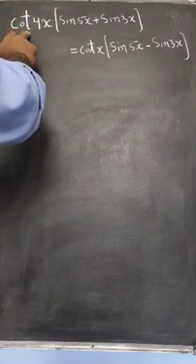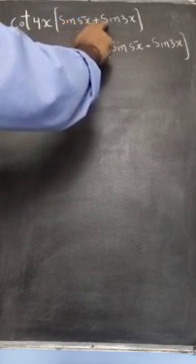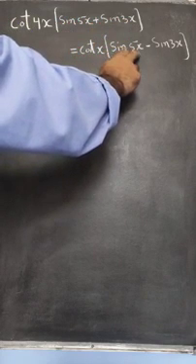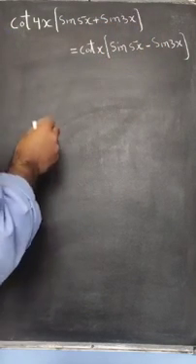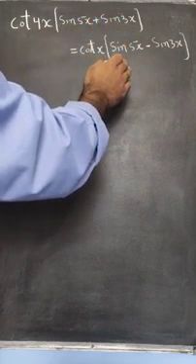Now our next question is, in this question we have to prove cot 4x into sin 5x plus sin 3x is equal to cot x into sin 5x minus sin 3x. So we have to prove LHS is equal to RHS.